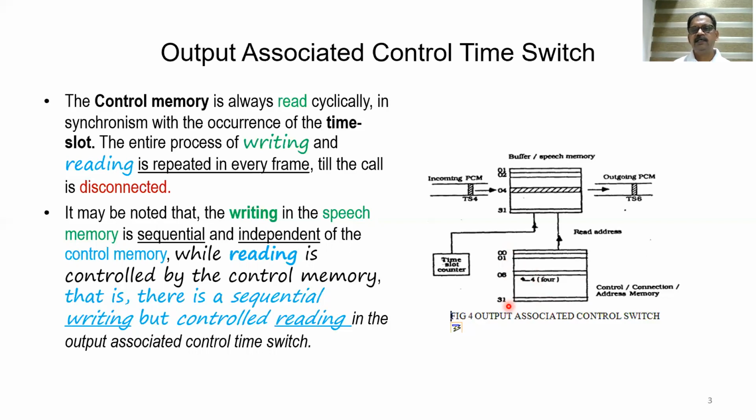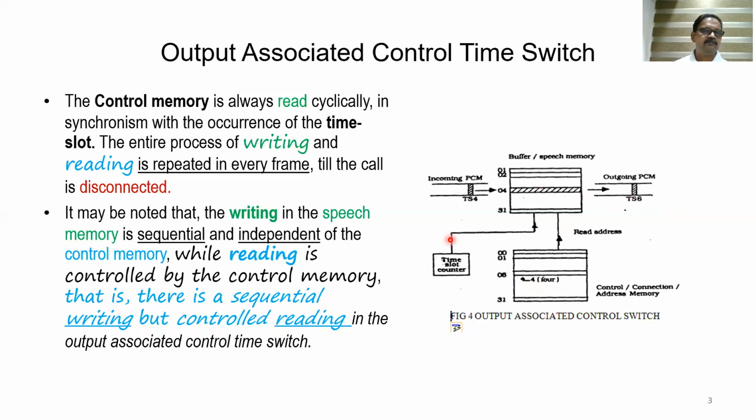Since we have to send the information to time slot 6, control memory location 6 is associated with time slot 6 of the outgoing PCM. This directs you to take the information from speech memory location 4 and send it on to time slot 6 of outgoing PCM.